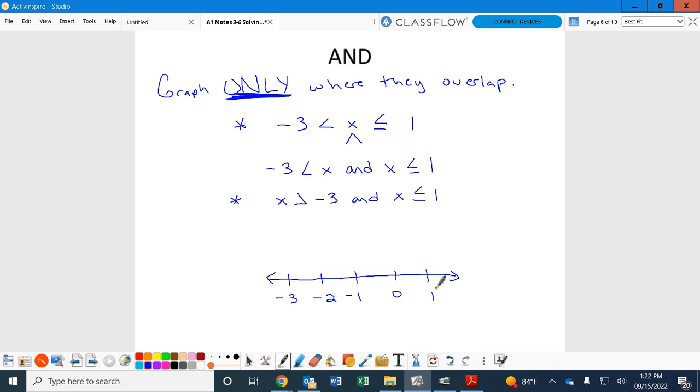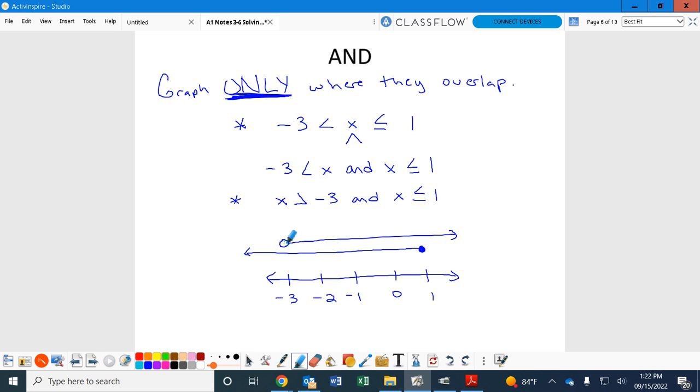Okay, above this, I'm going to put an open dot on the negative 3, and I'm going to shade to the right. How do I know to go to the right? Because it points to the right. For this one, I'm going to put a solid dot on the 1, and I'm going to shade to the left. You see the area where they overlap?